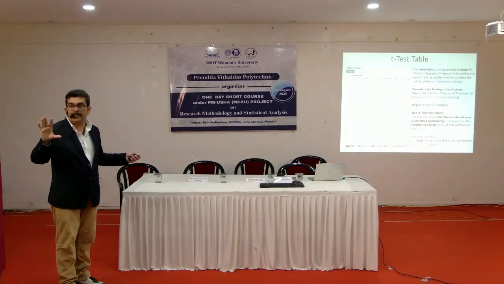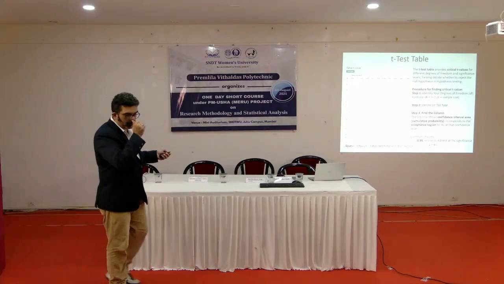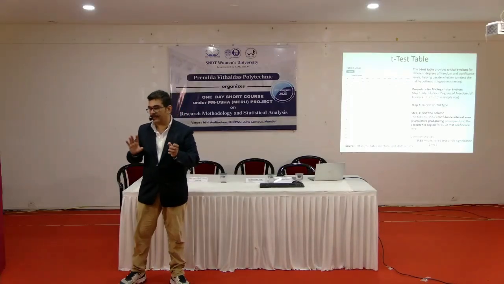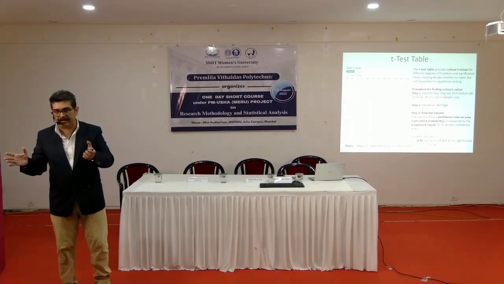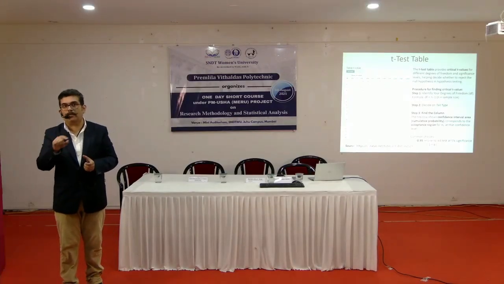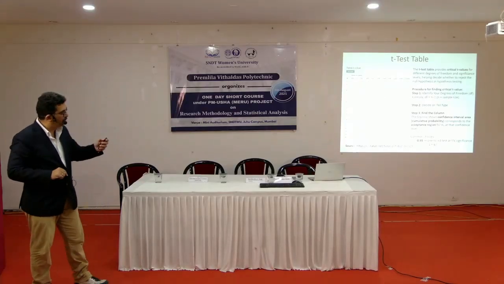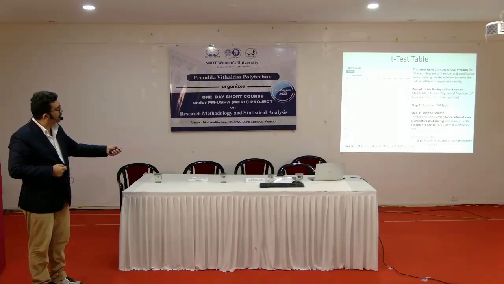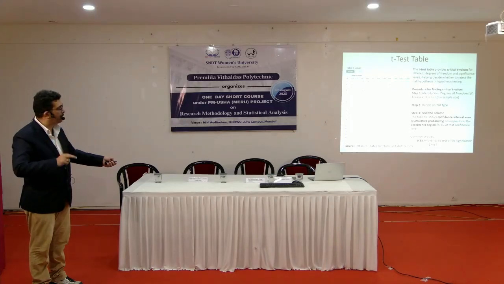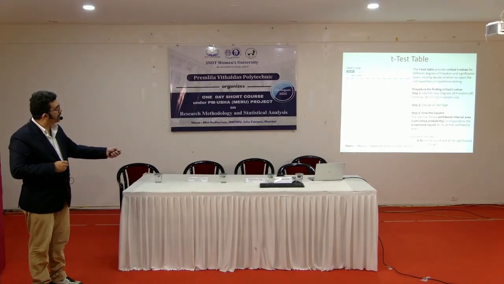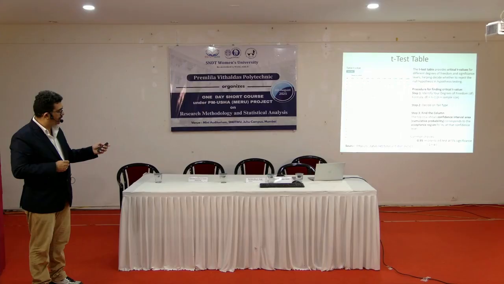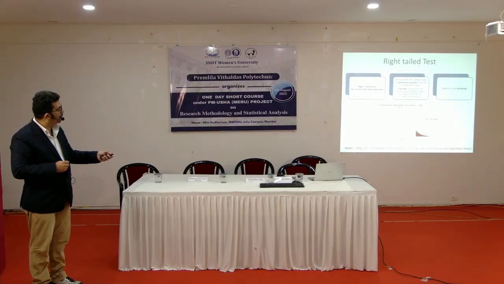And in my data set, there are 20 values. I am taking 19, that is called the degree of freedom. Degree of freedom can be explained with the help of an example, but I can tell you the formula: n minus 1. If I have 20 values, I will take degree of freedom as 19. So you track the column 0.95 and the degree of freedom 19, for 20 values, and you will find 1.729. The same value we have taken here, it is 1.725.